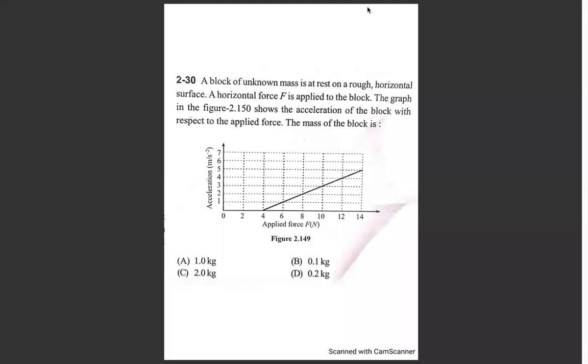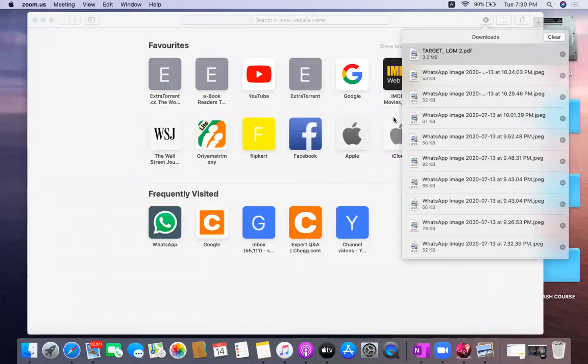The graph is between the acceleration and the applied force. It shows the acceleration of the block with respect to the applied force. The mass of the block you have to find out. What are the things that we can identify from the given graph? Yes, very good. I got a correct answer now.